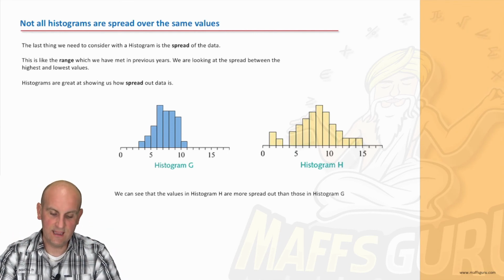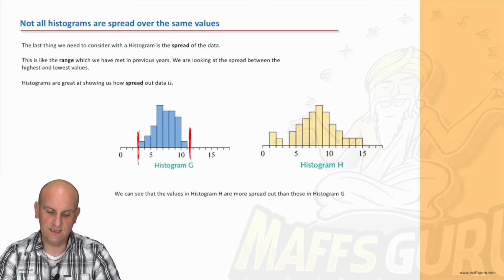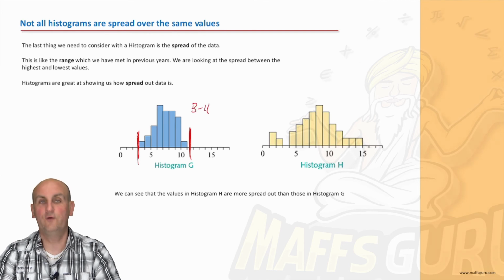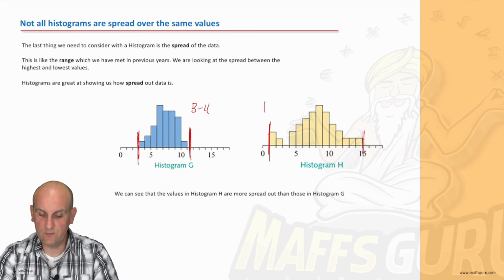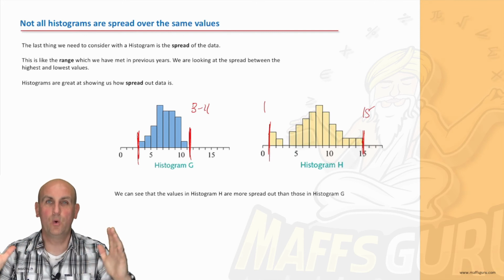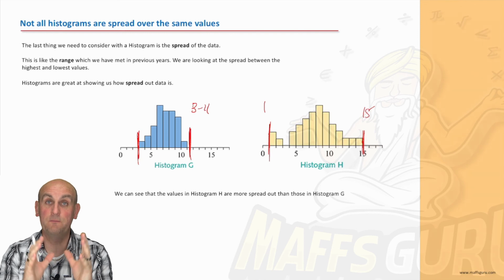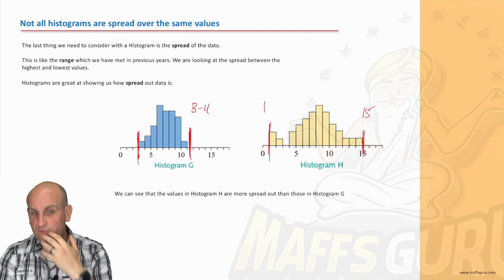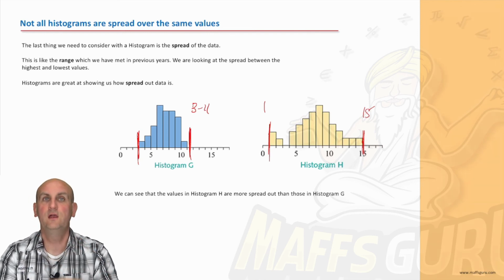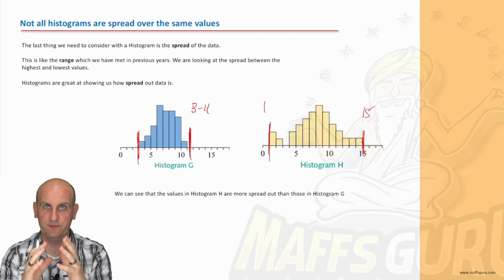And what you notice here, our histogram G seems to go from, let's call it, 3 to 11. So that would have a spread of somewhere between 3 and 11. But this one here seems to spread somewhere between 1 and 15. So histogram H has a much wider spread of data than histogram G, which seems to be much more bunched up. And again, there are phrases and words that we use to describe the spread of the data.